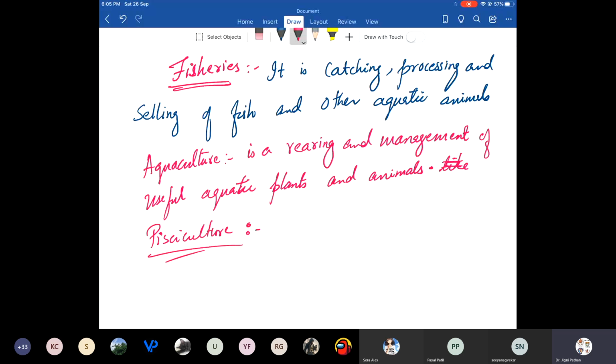It is rearing, catching, management, and selling of fishes. That is called pisciculture.